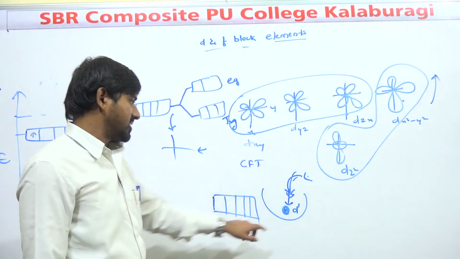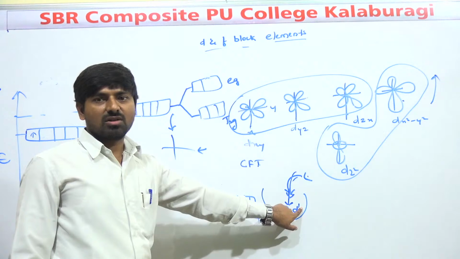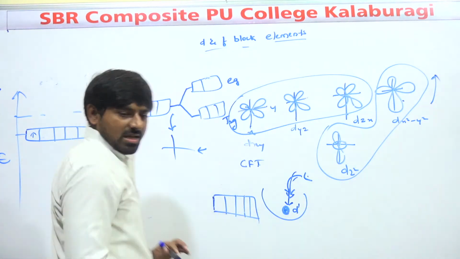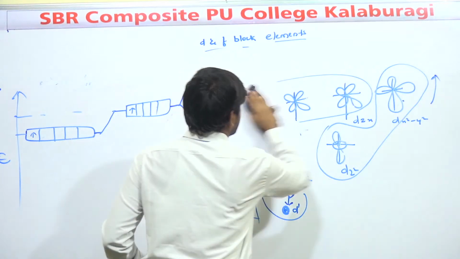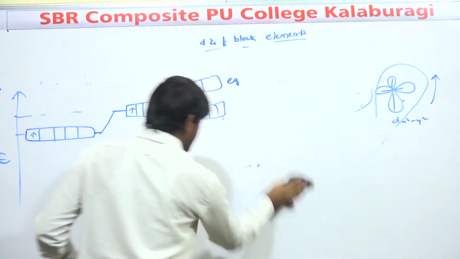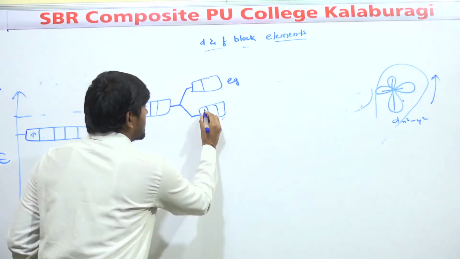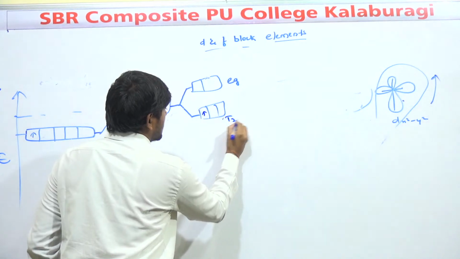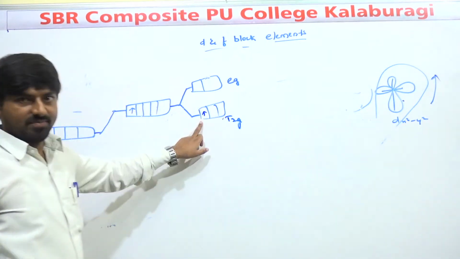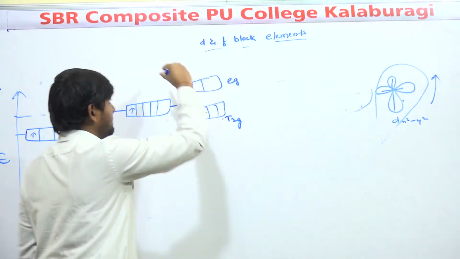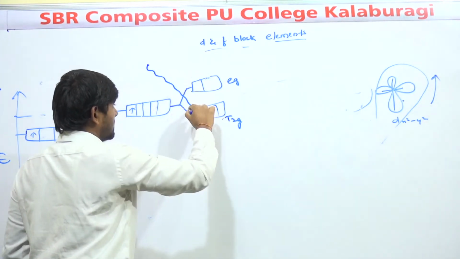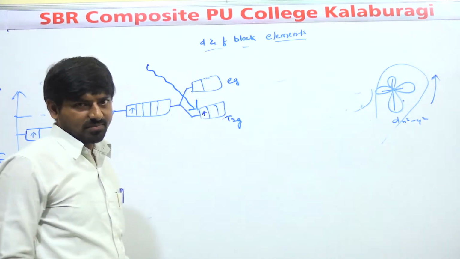Now, I said initially this element has 1 electron in its d orbital. Consider it has 1 electron in its t2g orbital. Right? Light is falling on it. Consider visible light has come and fallen on it.